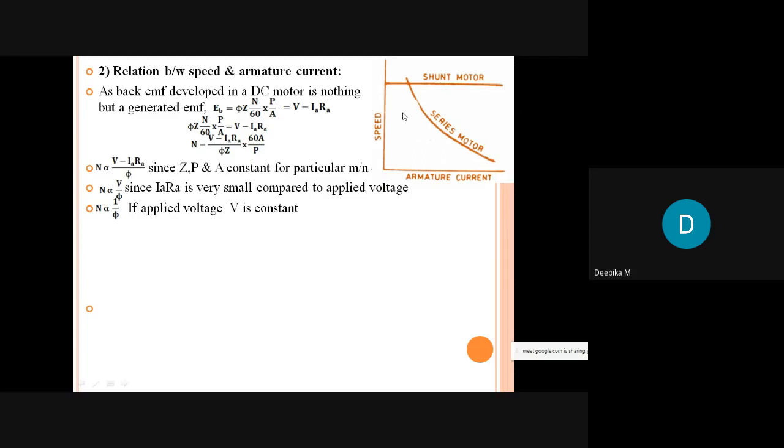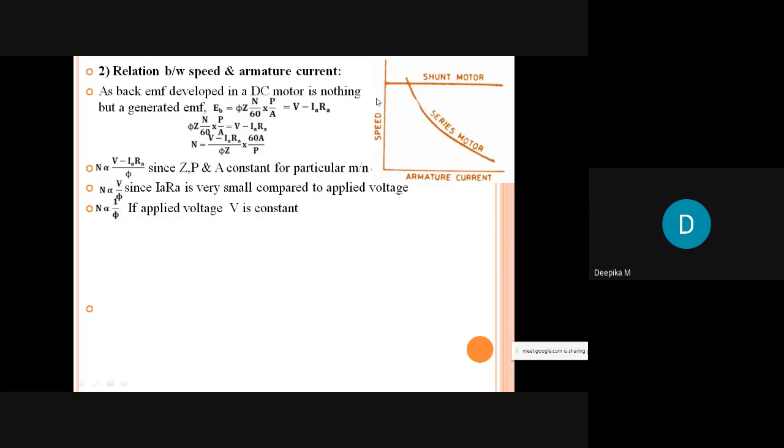And coming to the DC series motor, it is inversely proportional, because here flux is not constant. Again, it is dependent on the armature current. You can see here it is inversely proportional. As armature current increases, the speed is going to reduce. And if the armature current reduces, then the speed will be more.